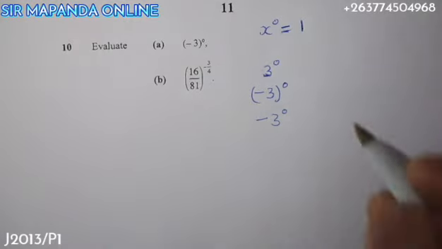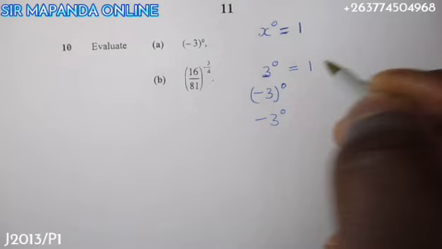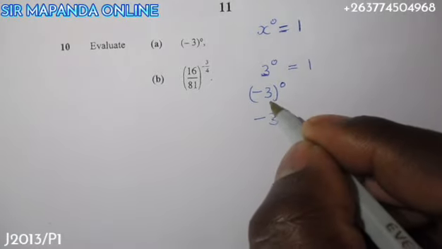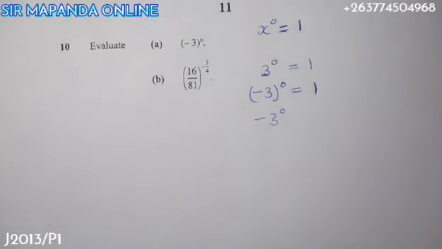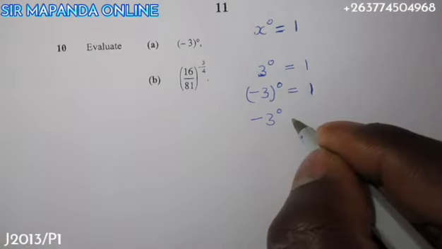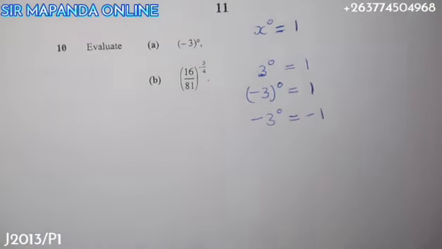Right. So for 3 to the power of 0, your answer is 1. For minus 3 in brackets to the power of 0, your answer is 1. But if minus 3 is not in brackets, it means the minus is not going to be affected by the 0. So for this situation, your answer is minus 1. So take note of that.